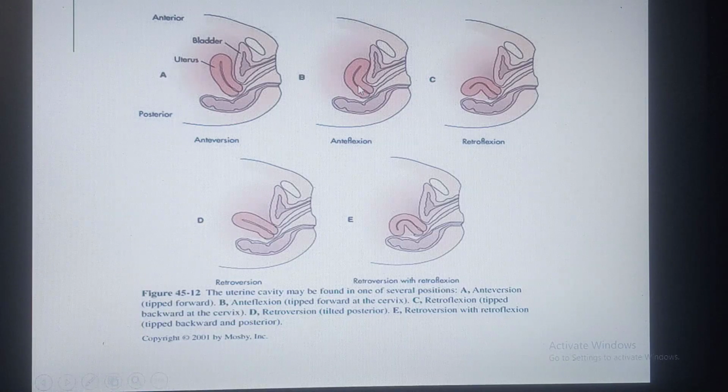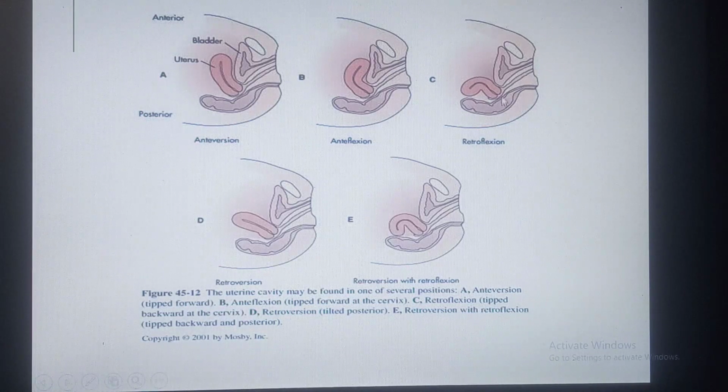Then when it is anteflexed, it is between the long axis of the cervix and the long axis of the body of the uterus, making about a 120 to 170 degrees angle. If the cervix is involved, that one is known as the anteflexed position.